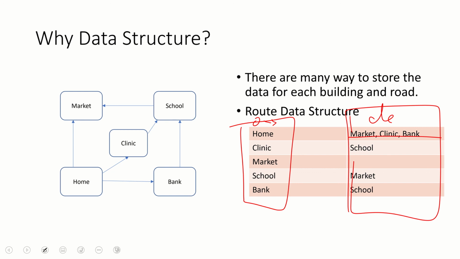Which means if someone asks, I want to know how many places I can visit from home, you only need to check one record, and mark down there's 3. Once you find this record, you don't have to go through the rest of them, because there's no duplicate. It's unique, so it's very efficient.